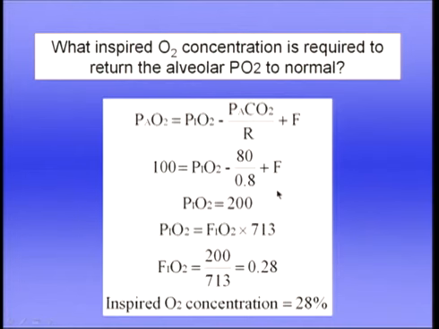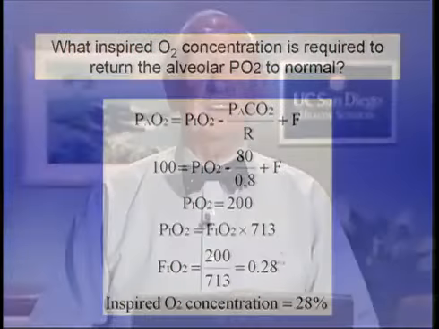So on the way to the answer, we've calculated that the inspired PO2 has to be 200 millimeters of mercury. How do we get an inspired PO2 of 200?